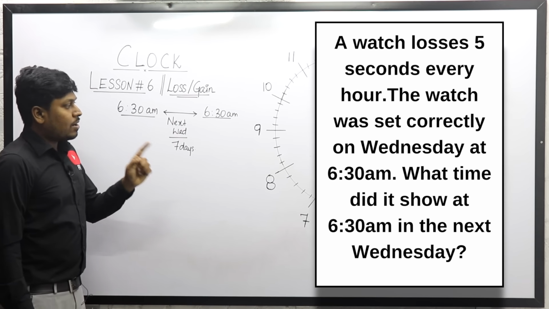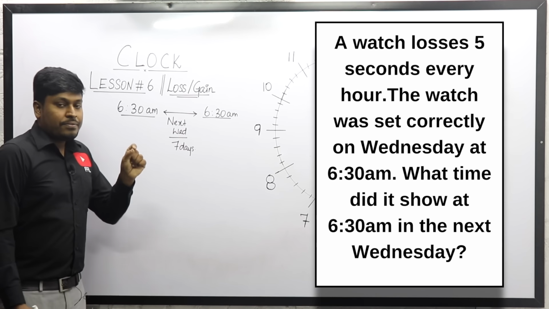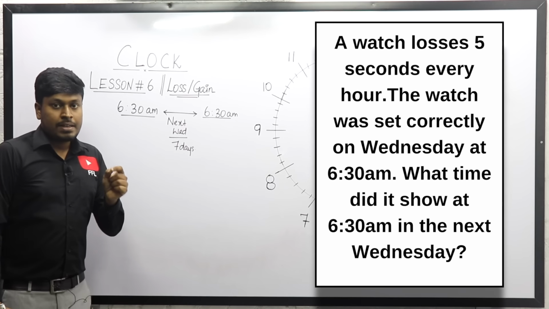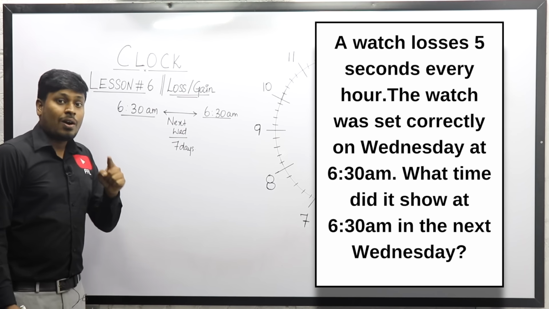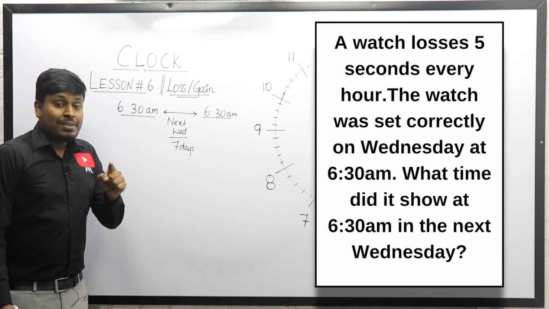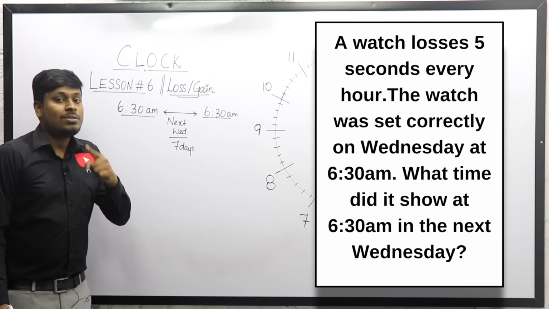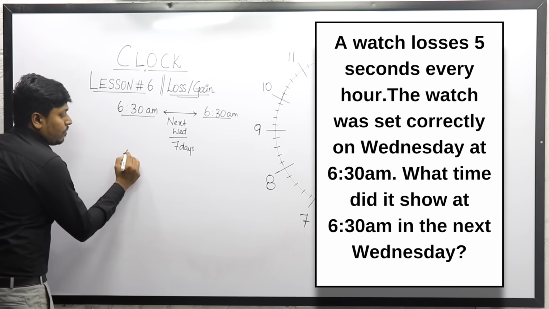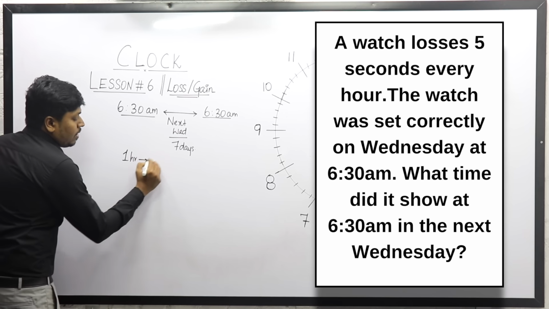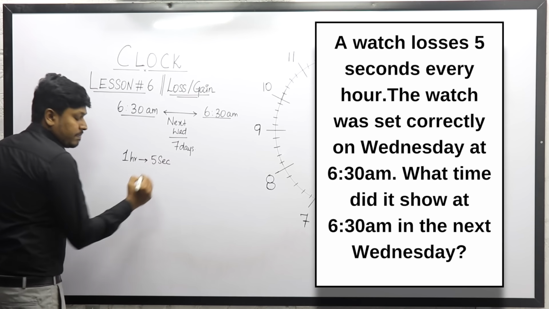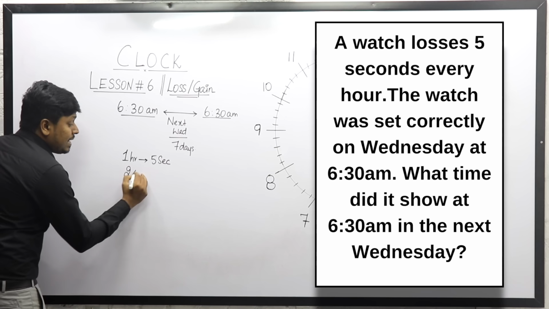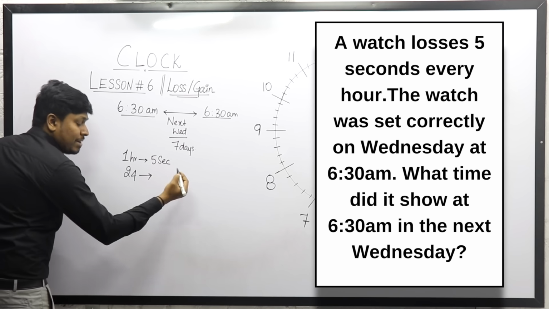Just listen here, a watch loses 5 seconds for every hour. So for every 1 hour the clock is losing 5 seconds. We can calculate for 1 day how much the clock loses. Just listen carefully. For 1 hour the clock is losing 5 seconds, then for 24 hours, for 1 day, how much does the clock lose?